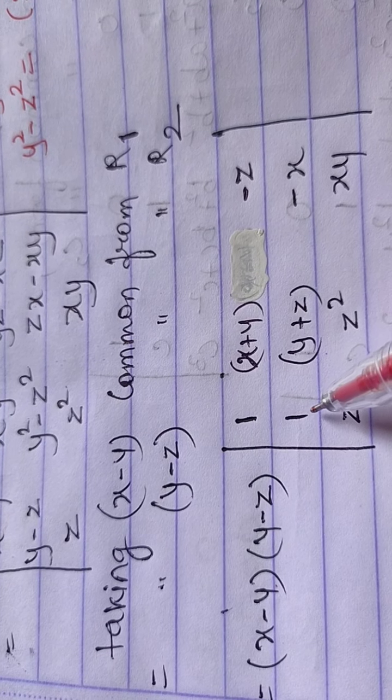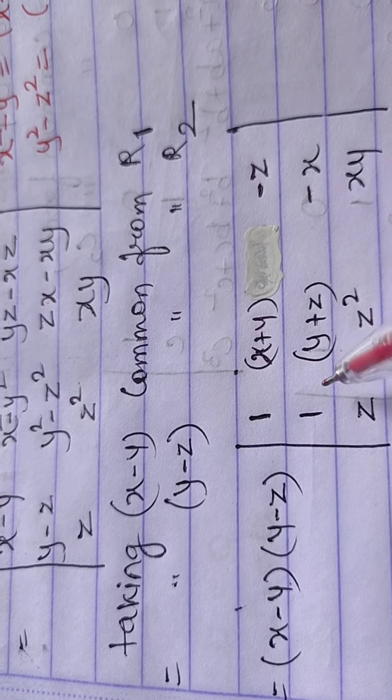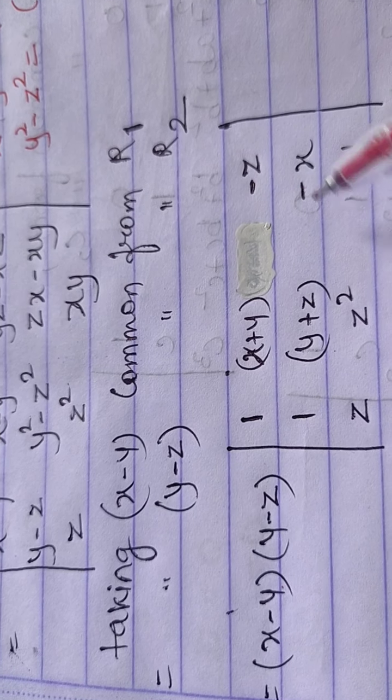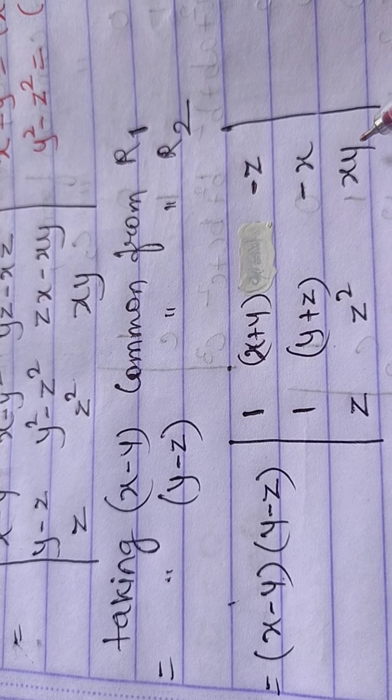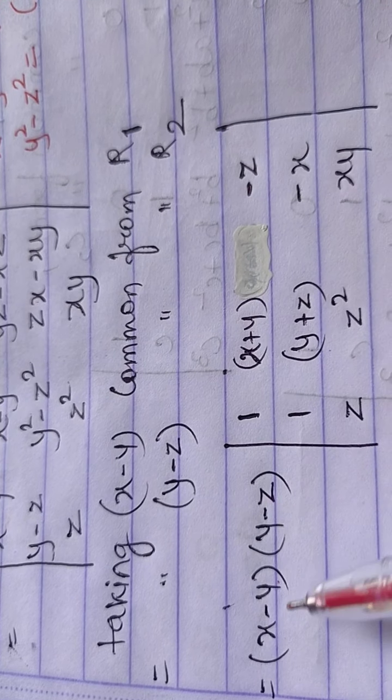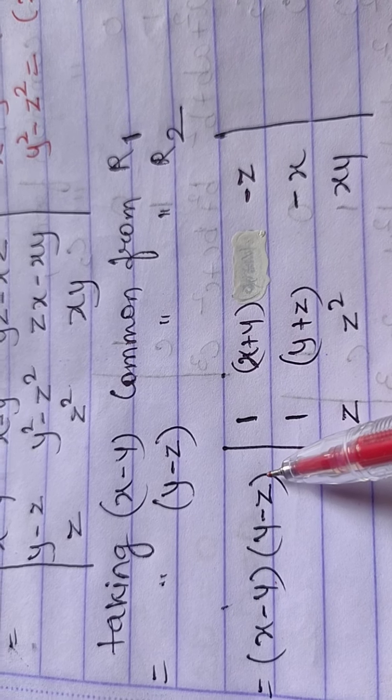Similarly the second row will be 1, y plus z, minus x. Keep the elements of the third row as it is, no need to change it. So we get x minus y and y minus z, these are the required brackets.